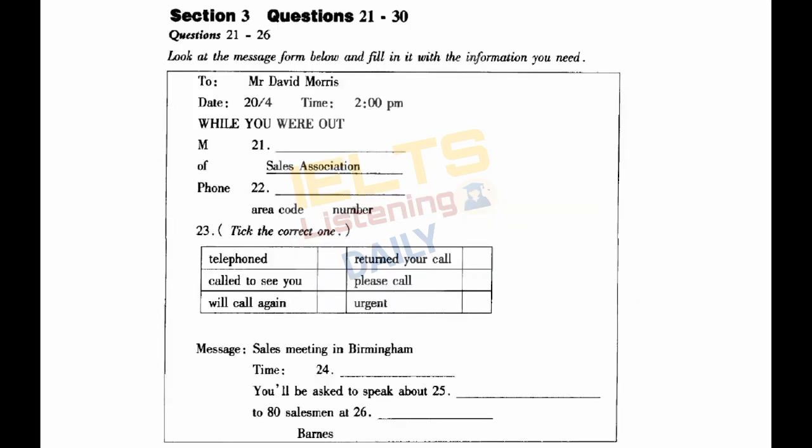Section 3. Mr. Bob Ross called while Mr. David Morris was not in the office. His secretary answered the phone and took a message for him. As you listen to the phone call, look at the message form and fill in it with the information you need.